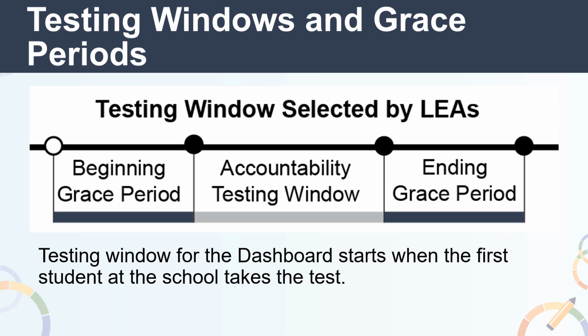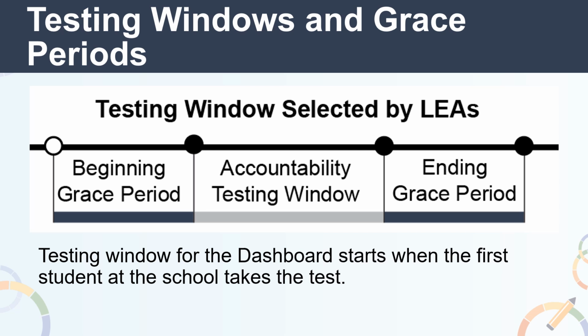The accountability testing window for the dashboard starts when the first student at the school takes a test. Depending on the length of the LEA selected testing window, grace periods may be applied as well. Grace periods were developed to apply to certain students who transfer in and out around the testing start and end dates, and to hold schools harmless on the accountability measures when there is inadequate time to administer the assessments.